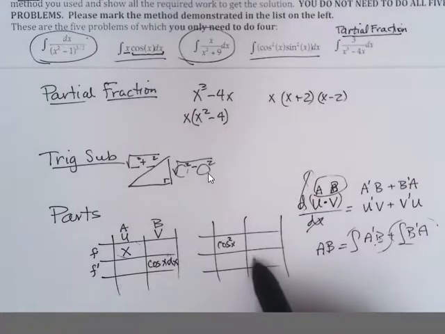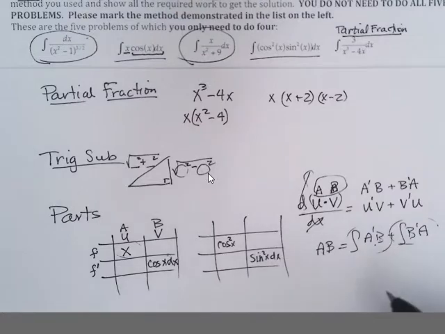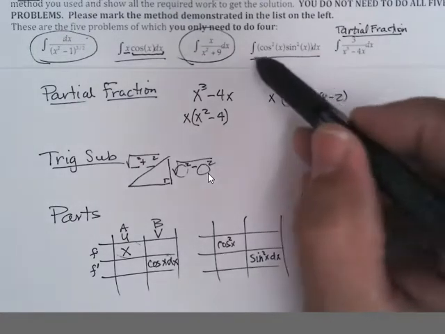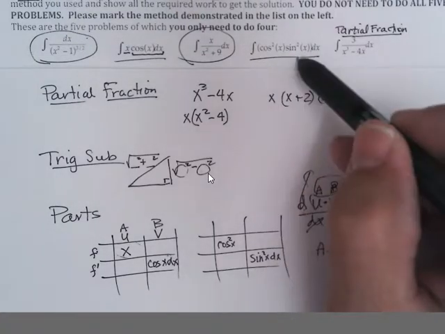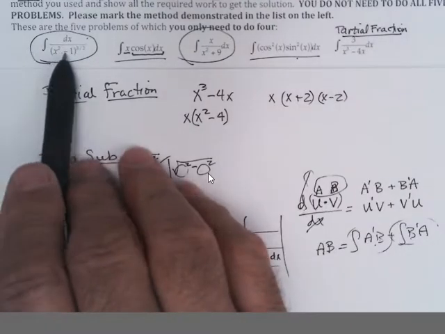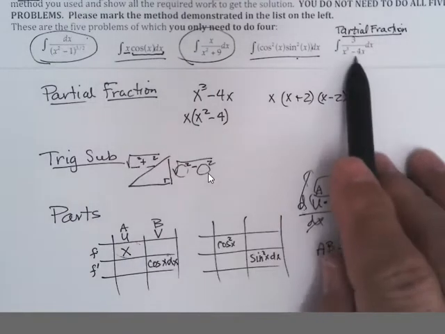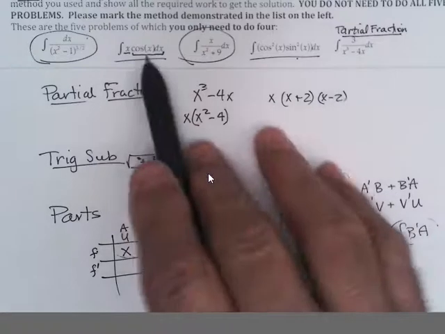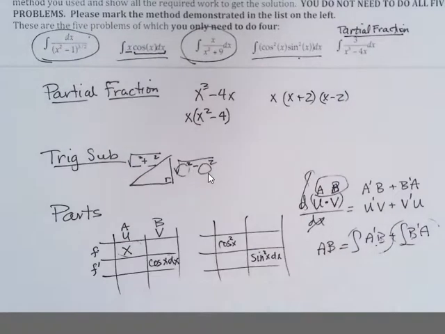And I'd have to integrate the other part, and the sine squared x dx is not a simple integral. So this is probably not one I want to do with integration by parts. This one doesn't look very appetizing, nor does this one. So this is the one we're going to do by parts.